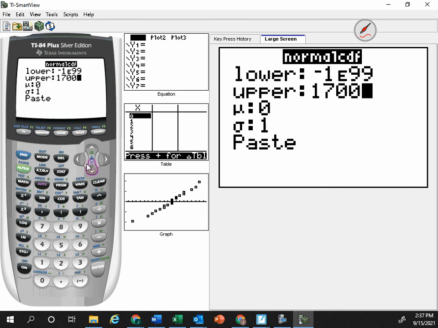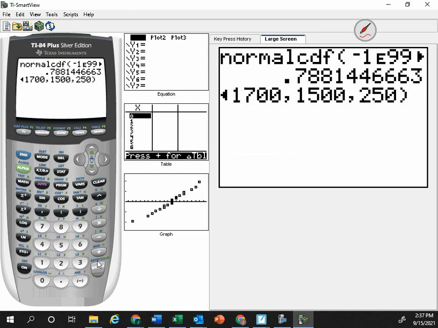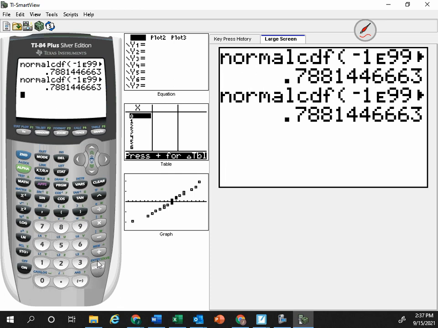And then the mu and sigma from the original distribution. So that was 1,500 and what, 250, I think? Enter. You should get the exact same thing you got with the last one, okay?